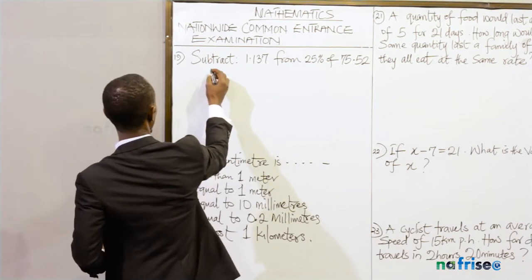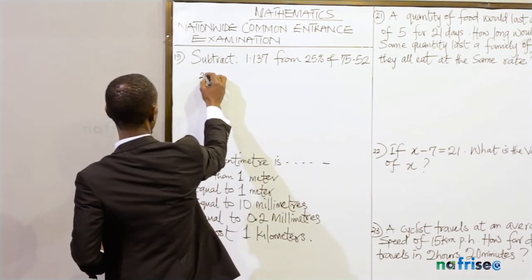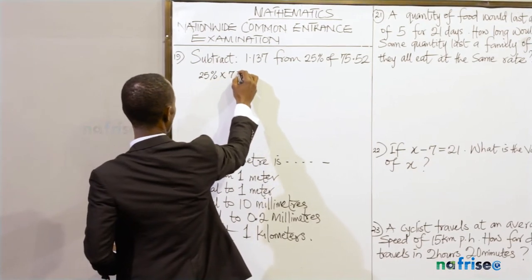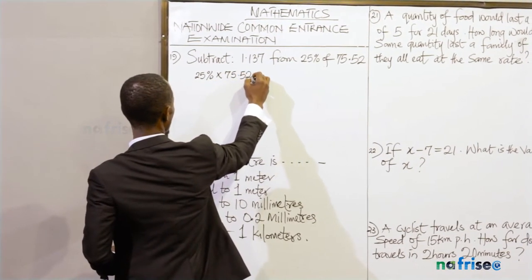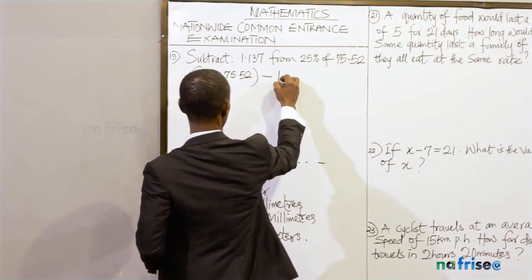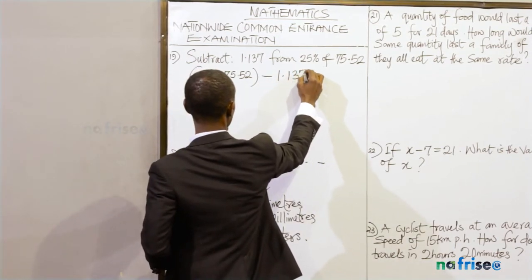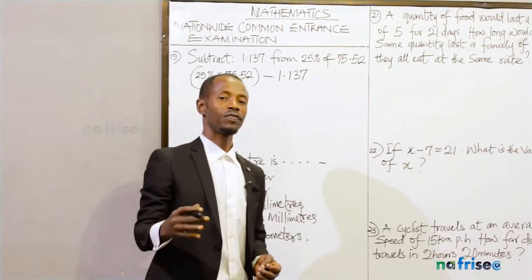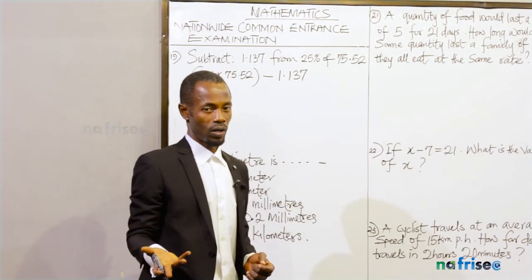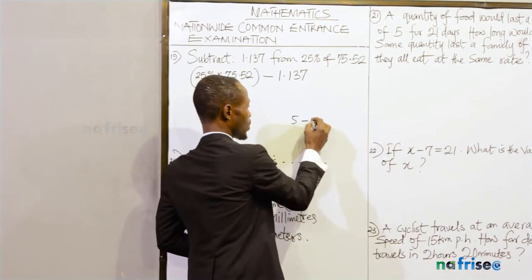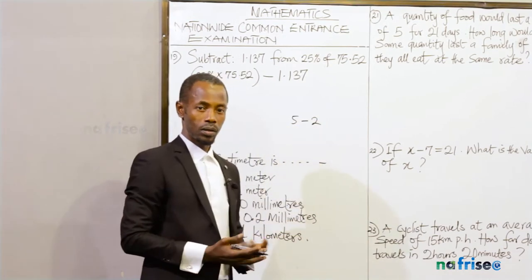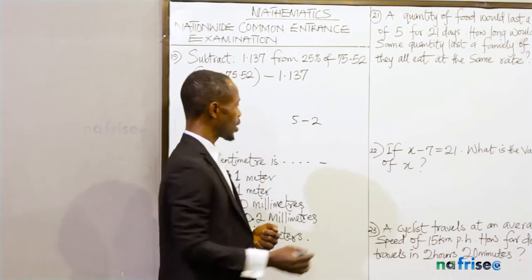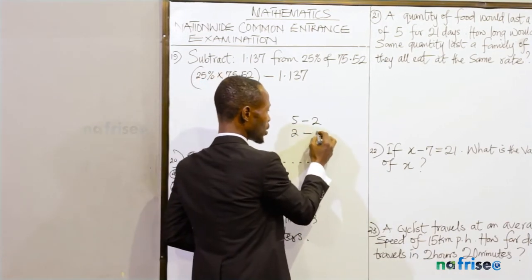It should have been written as 25% times 75.52 minus 1.137. Get it clear? If I tell you subtract 2 from 5, that will look like this. But if I had said subtract 5 from 2, it will be this.